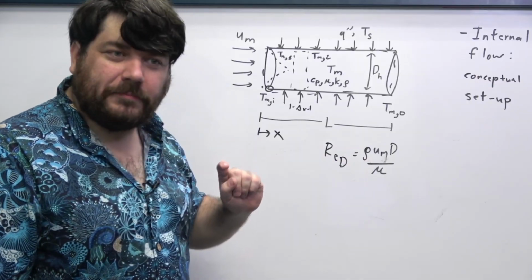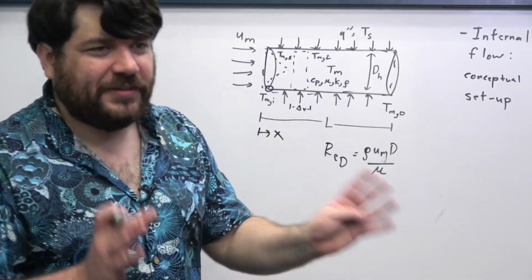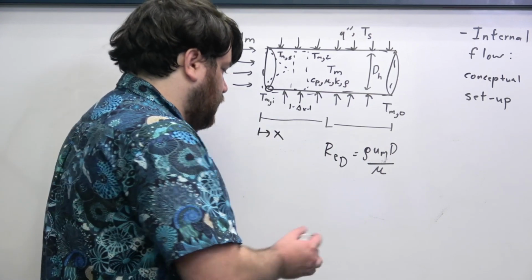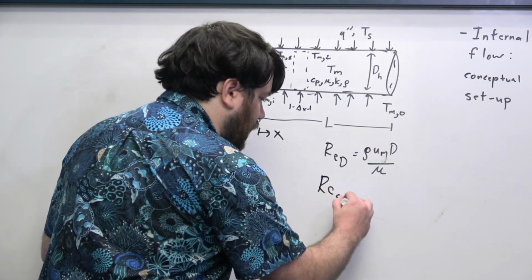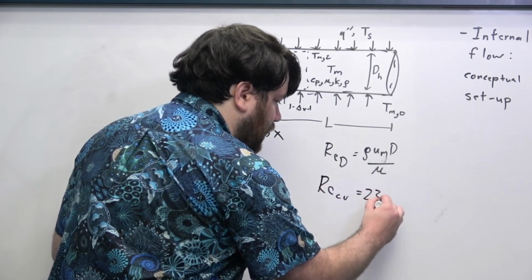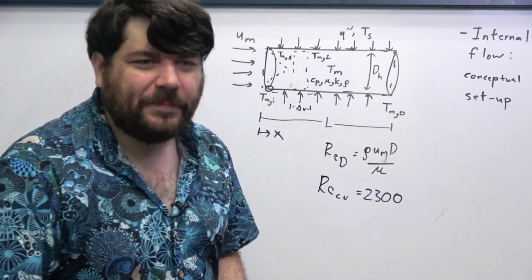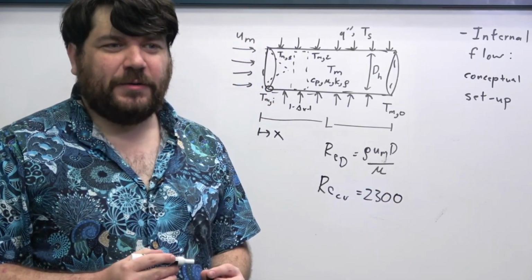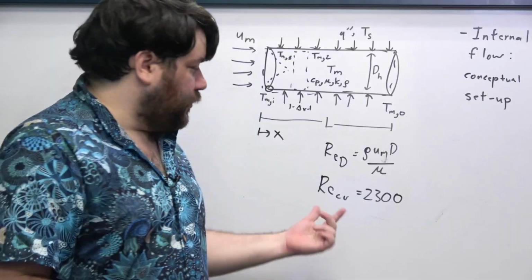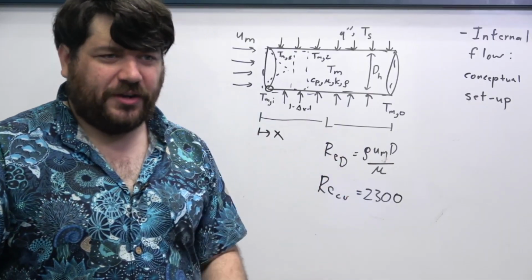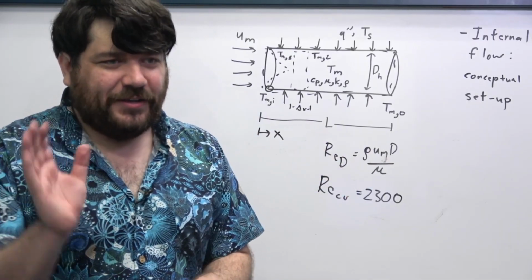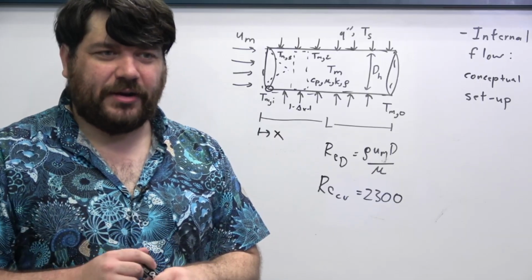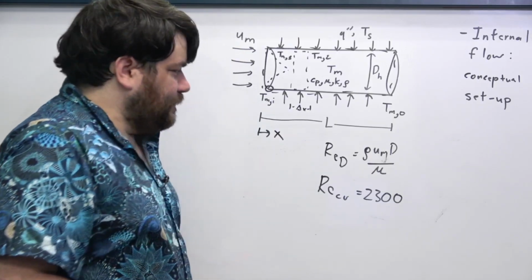What is that number? For internal flows, this is a very rough approximation, but usually the critical Reynolds number is considered to be approximately 2,300. That's just what it is. So if your Reynolds number is larger than 2,300, the flow is turbulent everywhere. If it's lower than that, it's laminar everywhere. Okay.